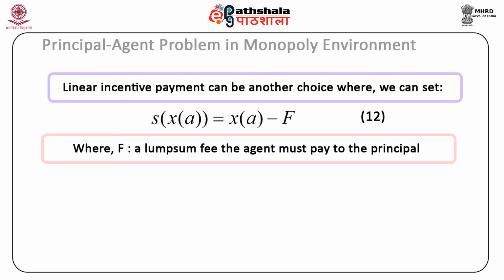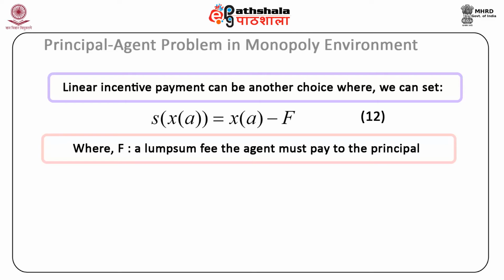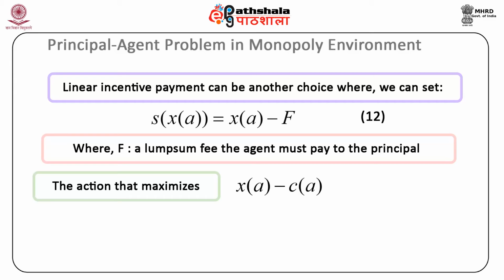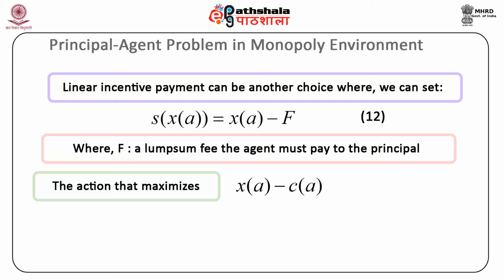In this case, the agent must pay a lump sum fee F to the principal and then receives the entire output produced. The action that maximizes X(A) minus C(A) is chosen by the agent, which enables the scheme to work.